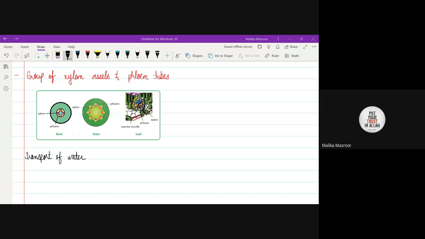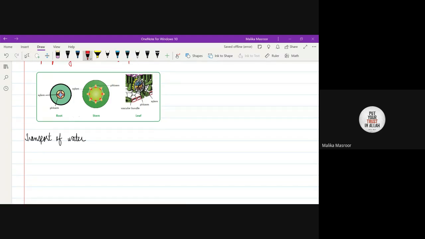The function of root hairs is to absorb water and mineral ions from the soil, like I told you. So water diffuses from the soil into the root hair, down the concentration gradient, through a partially permeable membrane. Actually, it's osmosis because it's moving across a partially permeable membrane.